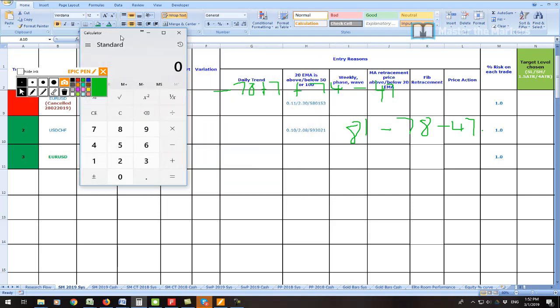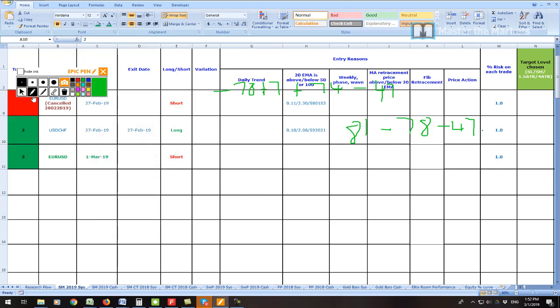So 81 minus 78 minus 47 is minus 44 pips. So minus 44 pips and minus 1.96%. Okay, so that's a small drawdown we got for this week.